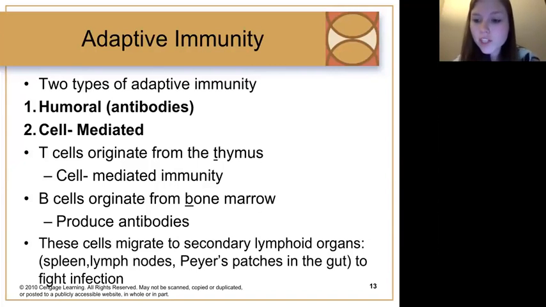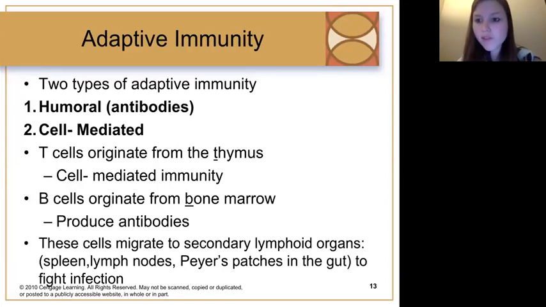There's humoral, which involves antibodies, and then there's cell-mediated, which involves communication between cells. Adaptive immunity is going to be specific immunity. Adaptive immunity will have memory because it's adapted to organisms that have been seen by the body before, so it's going to be much more specific.